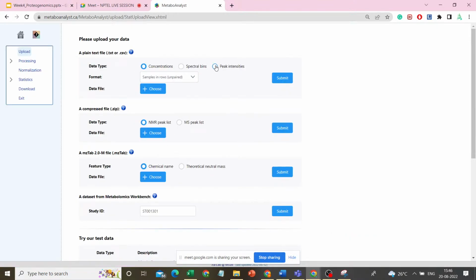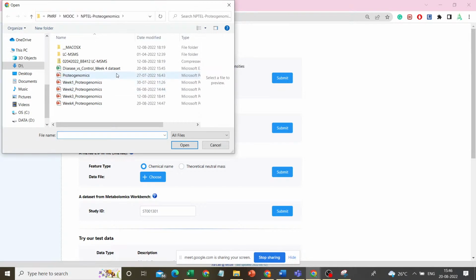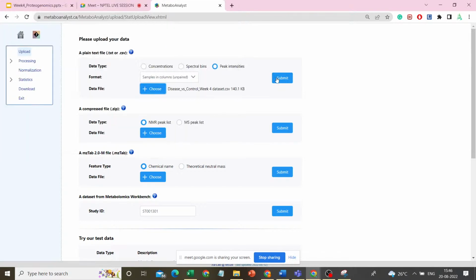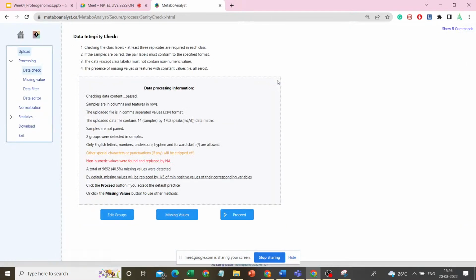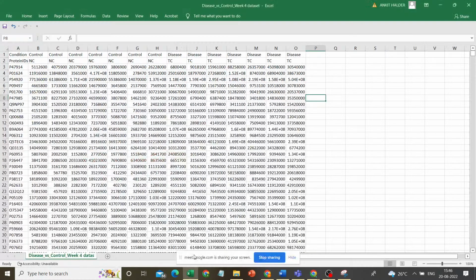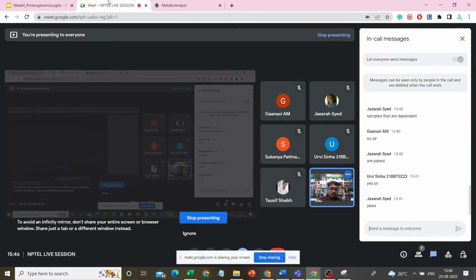Just check into it. If you all are getting the same error, just change it: make it as a condition, protein, and NC and TC, like the tumor and the normal, so it will take. So just upload it and let me know after you have uploaded.